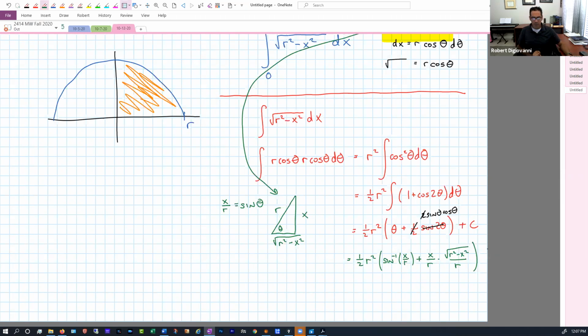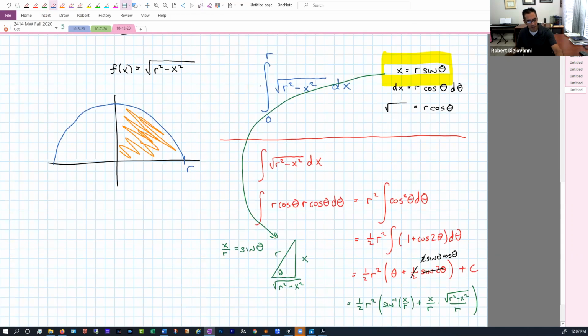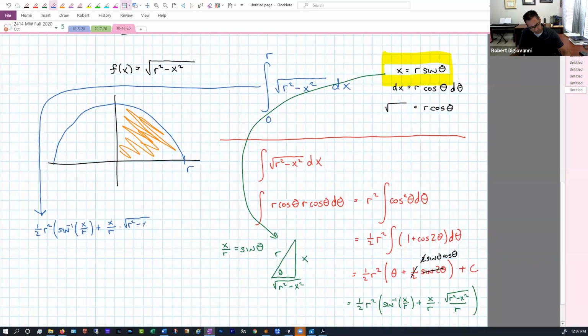Are we good there? Okay, now let's go back to the definite integral. So we can take this now, we can plug in our antiderivative, which is 1/2 r squared arc sine of x over r plus x over r times the square root of r squared minus x squared over r.